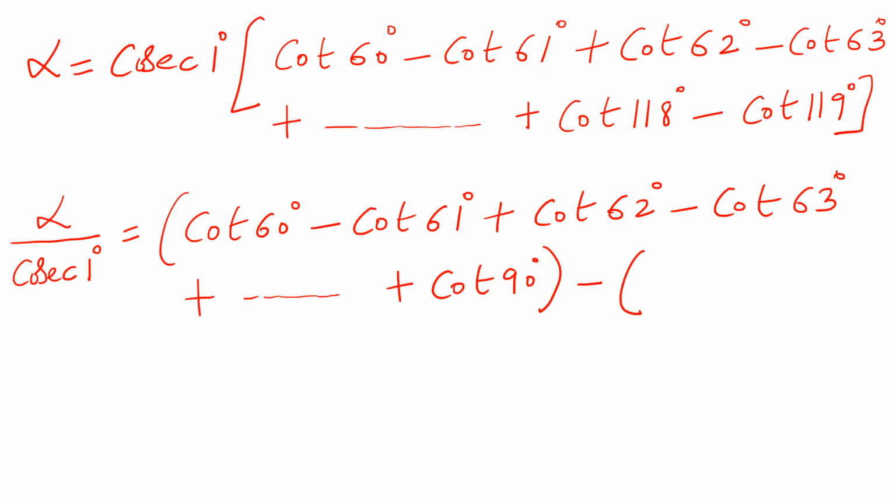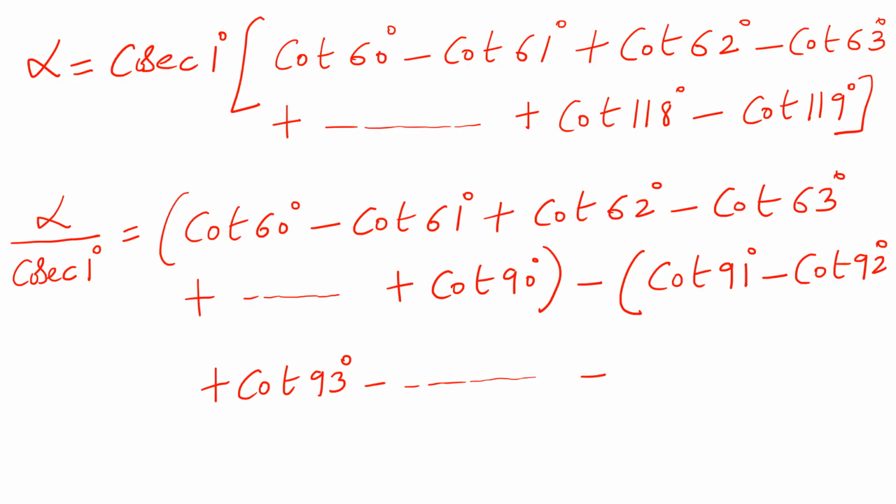And inside the bracket, I get cot 91 degree minus cot 92 degree plus cot 93 degree and so on till minus cot 118 degree plus cot 119 degree. Right? Now students, we move further.